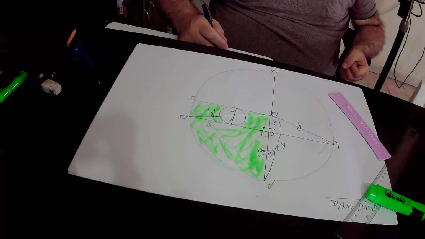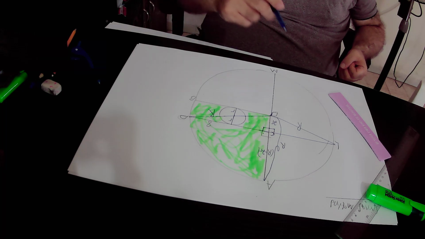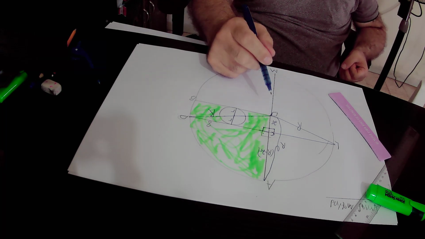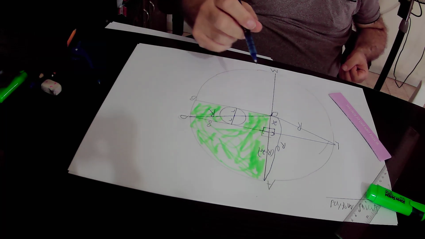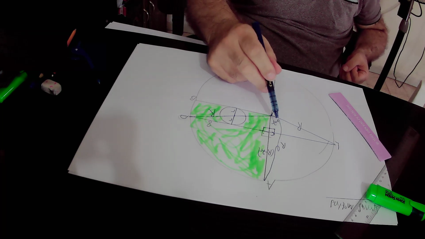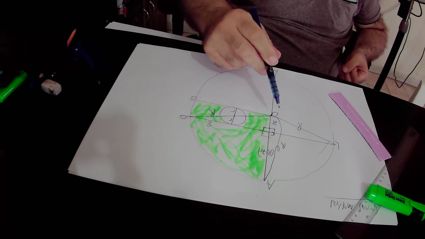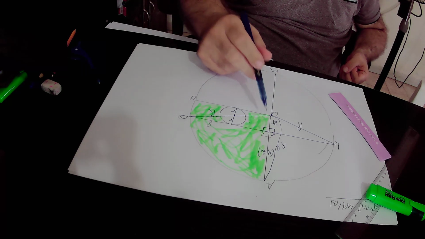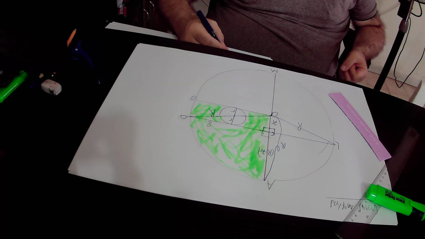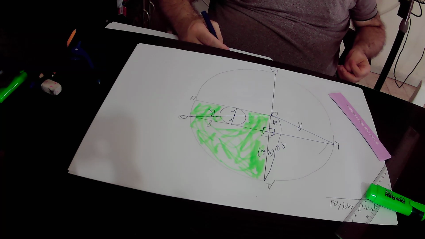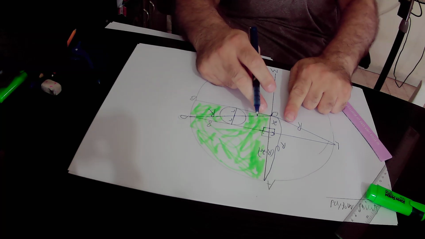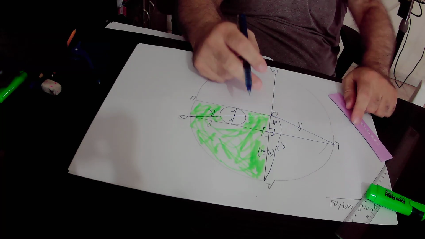Okay, so we have here triangle LCO, which is a right triangle, and we have also triangle COD that is also a right triangle. We'll actually prove that those two right triangles can go into each other.